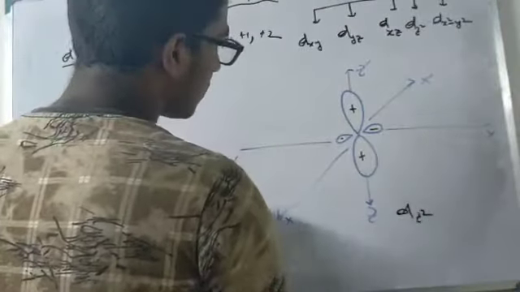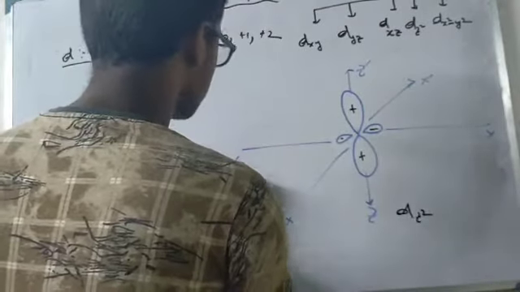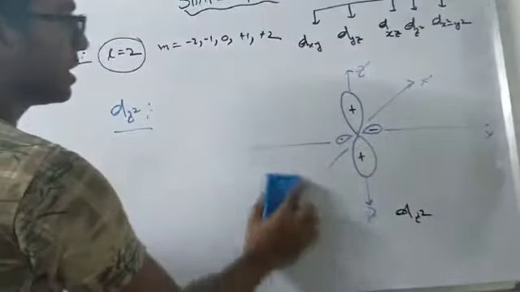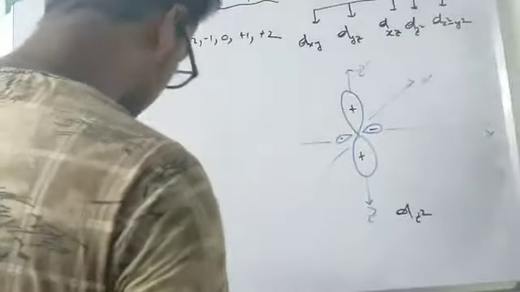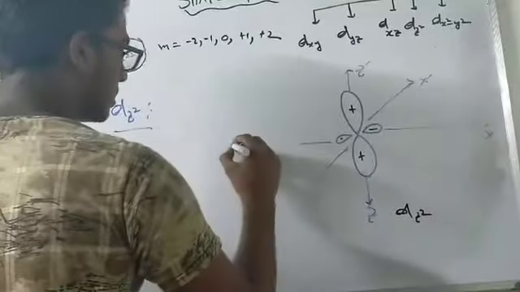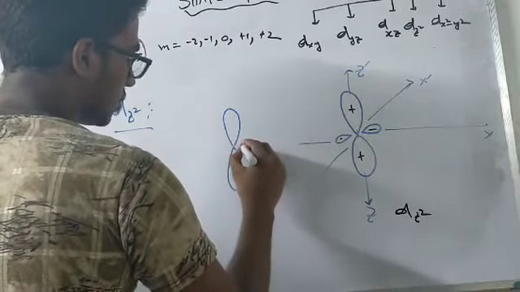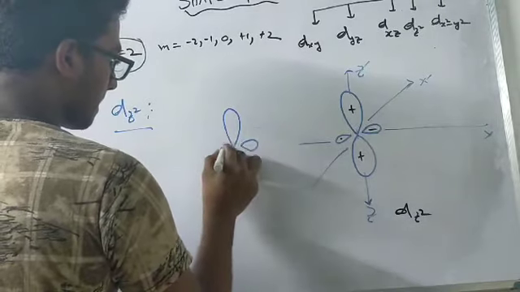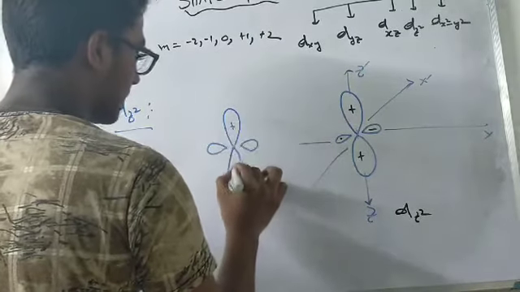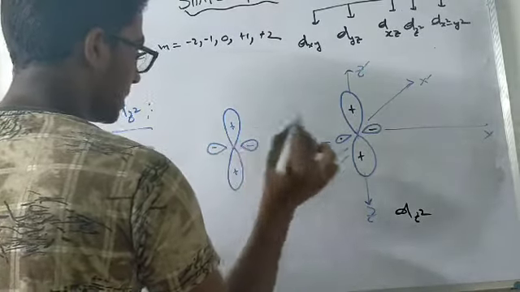So for dz square, I want to write another simple picture for the presentation of the nodal planes. Plus, plus, minus, minus.